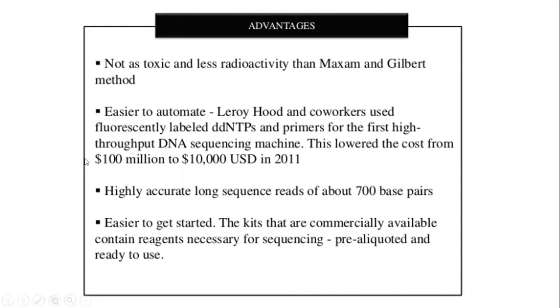You can have higher accuracy reads, which are going to read about as long as 700 base pairs. And commercial kits are also available for Sanger sequencing method, which is quite difficult to generate in case of dideoxy sequencing method.